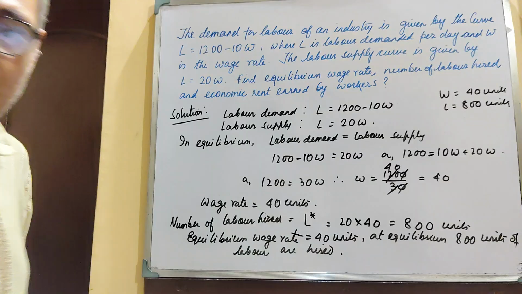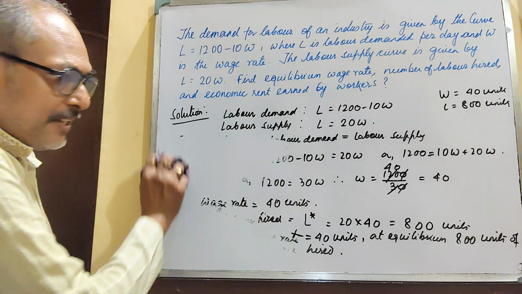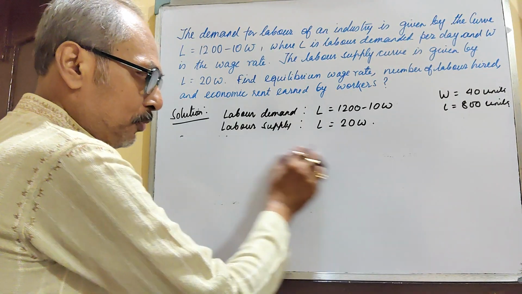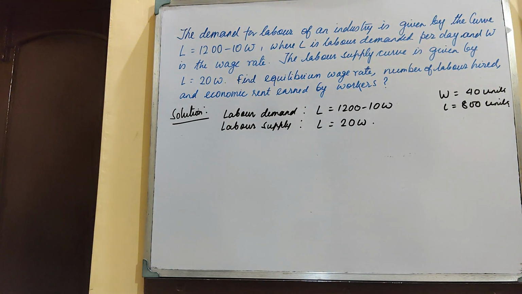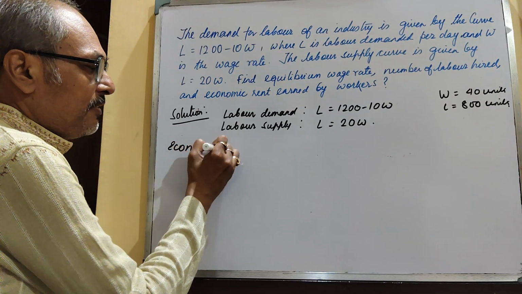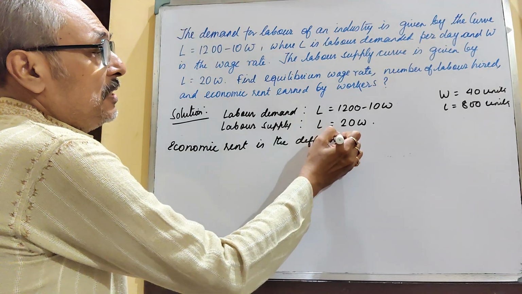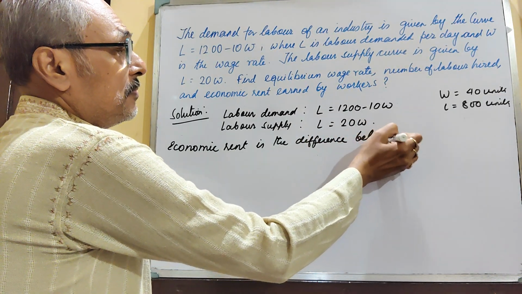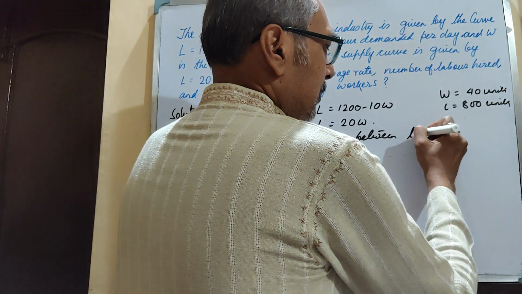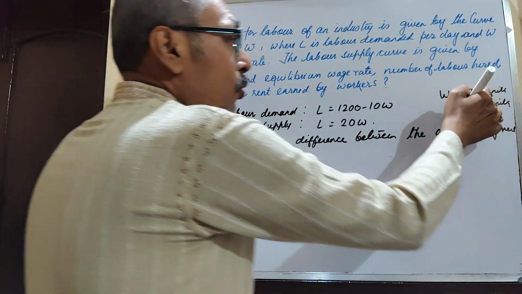Now we have to calculate the economic rent. What is the economic rent? Economic rent is the difference between the actual payment to a factor of production and the minimum amount that the factor is willing to accept. Actual payment is 40 units.